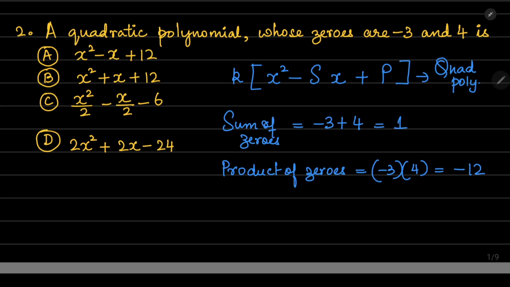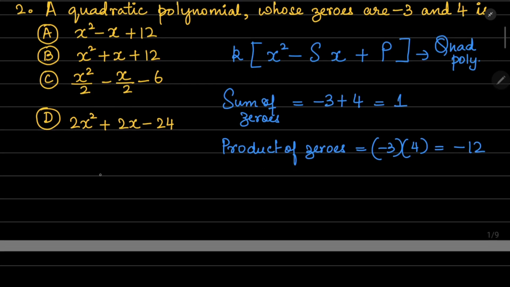Now let us substitute. In place of S, we will substitute 1, and in place of P, which is the product of the zeros, we will substitute minus 12. Okay, so what does the polynomial become? It is nothing but k multiplied by x square minus 1 into x plus of minus 12.